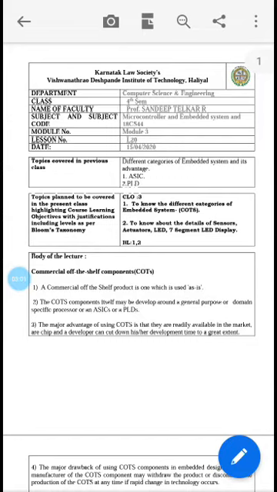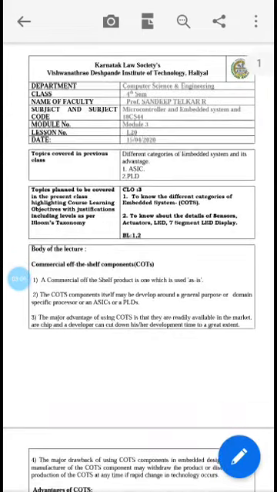No need to manufacture or develop in your own organization; you just have to purchase those components.